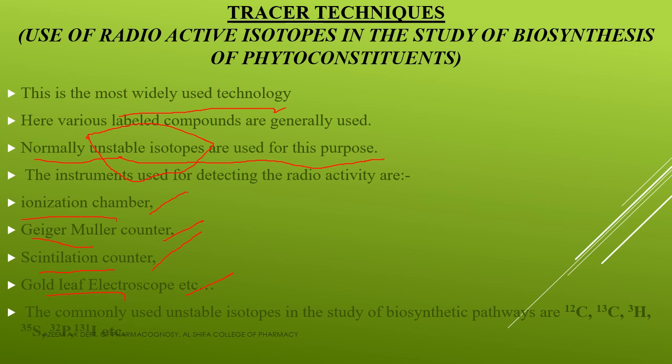The common unstable isotopes used in the elucidation of biosynthetic pathways are carbon 12, carbon 13, carbon 14, then hydrogen 3 or tritium, then sulfur 35, phosphorus 32, then iodine 131, etc. Apart from this, many other unstable isotopes are also there, but the commonly used ones are carbon 12, carbon 13, hydrogen 3, carbon 14, sulfur 35, phosphorus 32, iodine 131, etc.